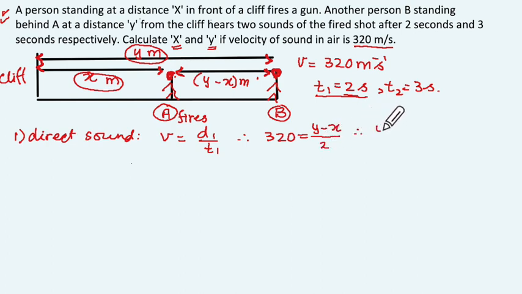So we will have y minus x equal to 640 meter. That is our equation 1. 320 into 2 gives us 640.